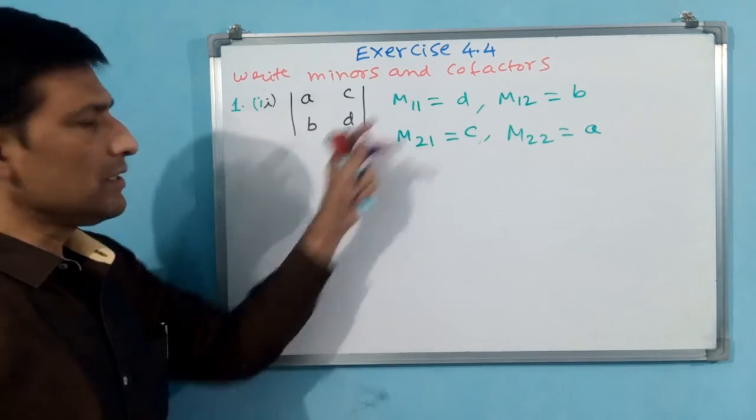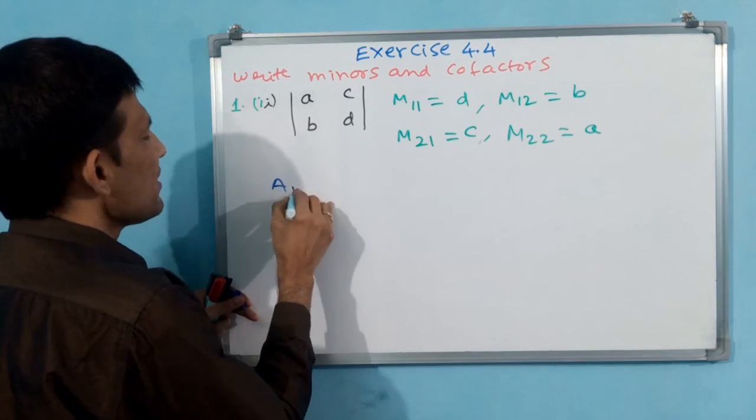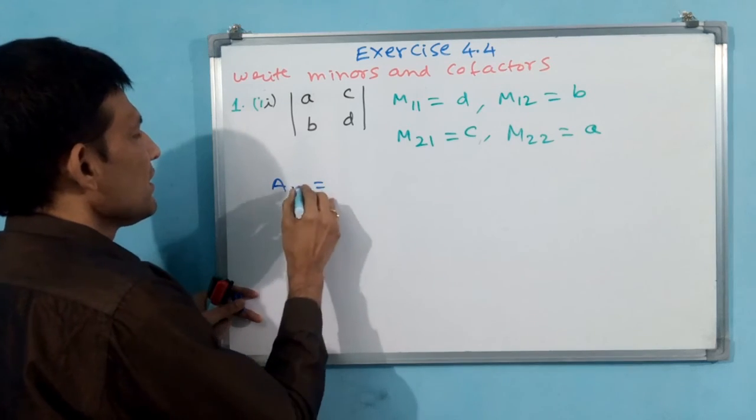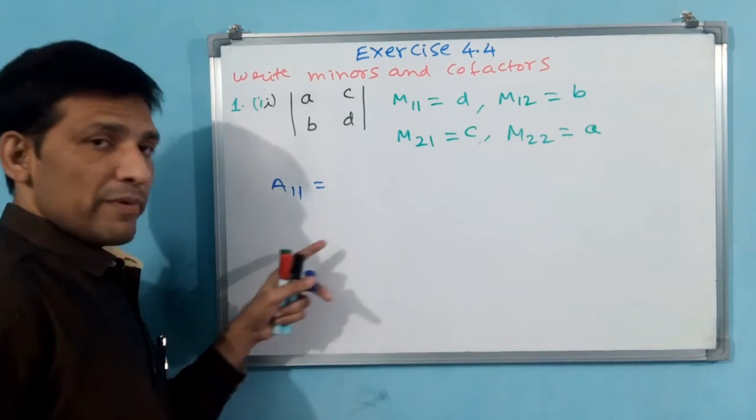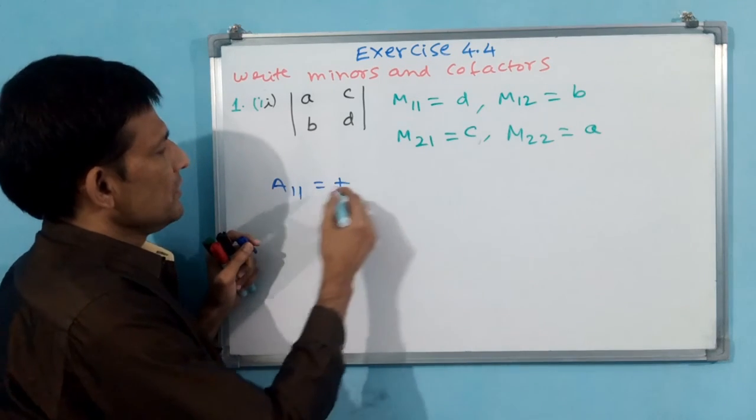Now we have written all minors. Let us write cofactors also. First you write A11. A11 means positive only it has to come.